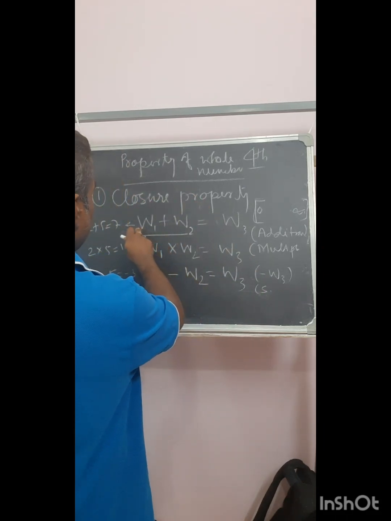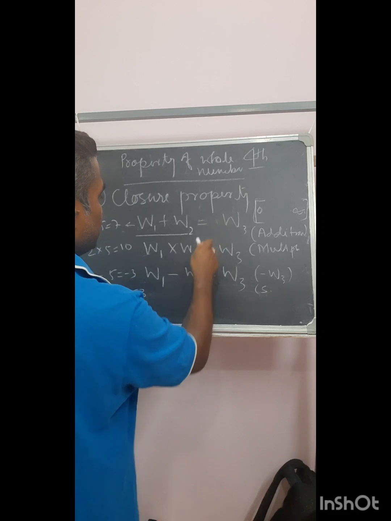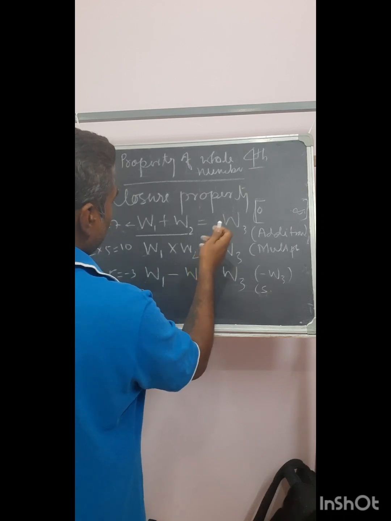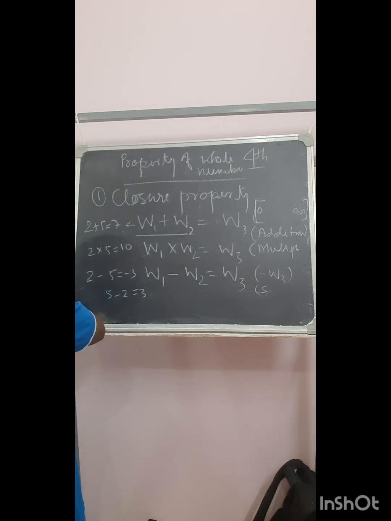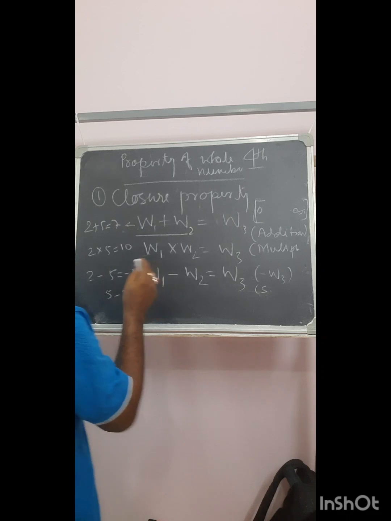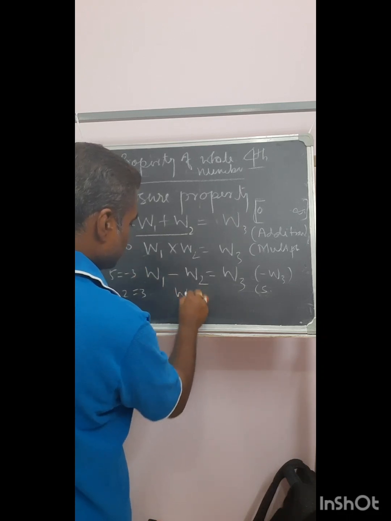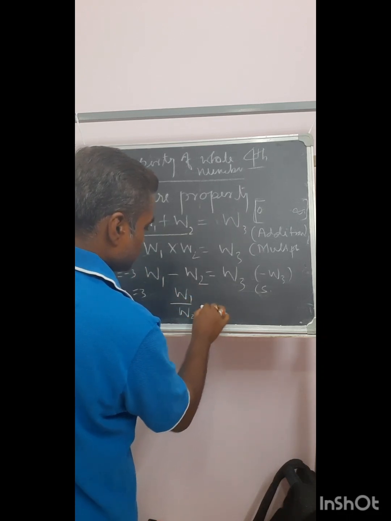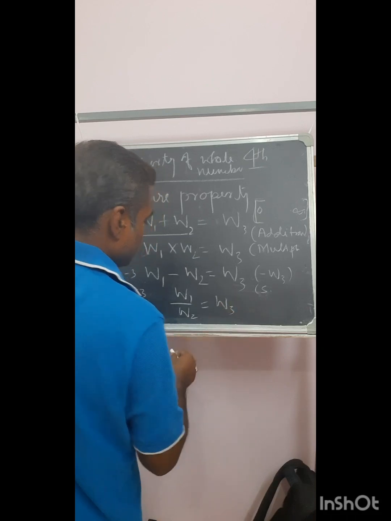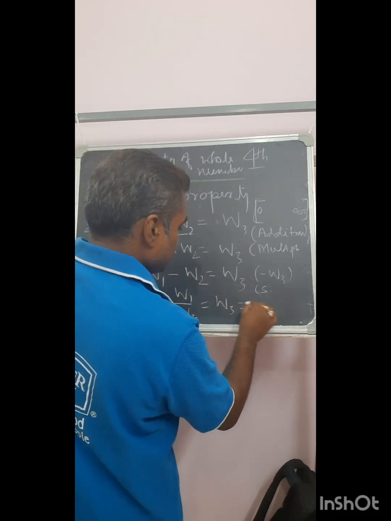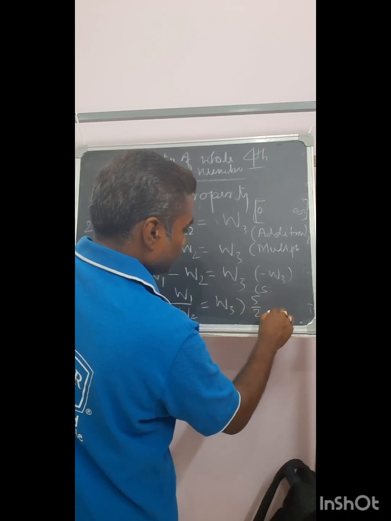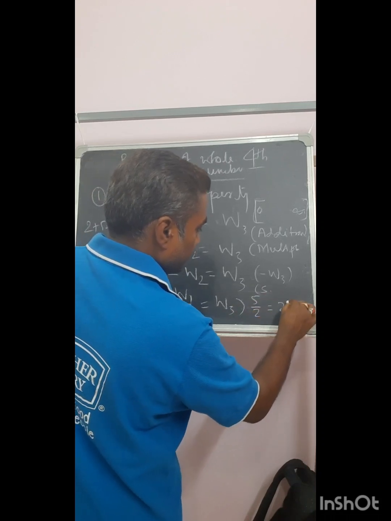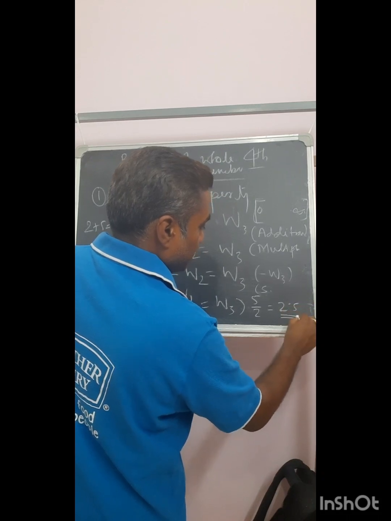Whereas you can take any example for summation and multiplication, and you will always get a positive result. If I take division also, W1 by W2 has to be W3. It is not always true, because if I take 5 by 2, it won't give you an integer.